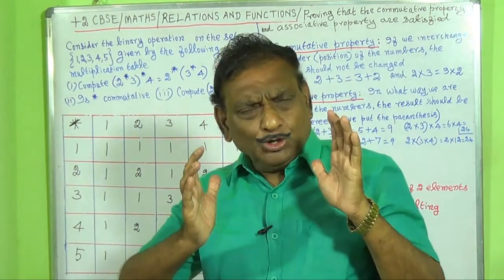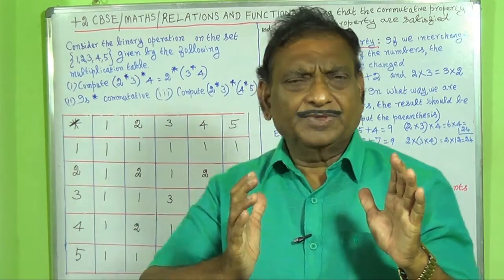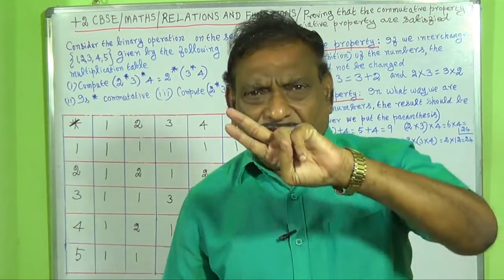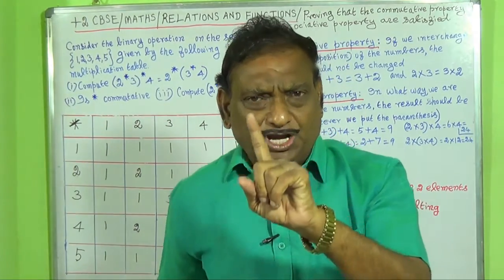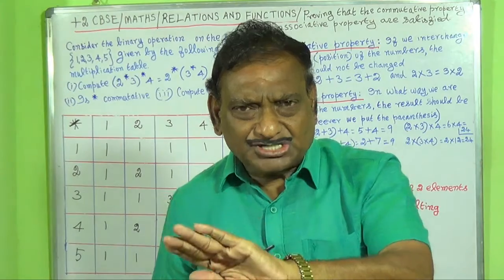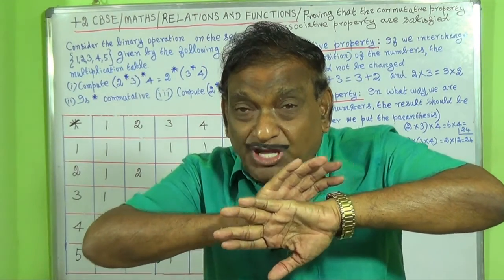What is the commutative property? If we interchange the order, that is the position of the numbers, the result should not be changed.